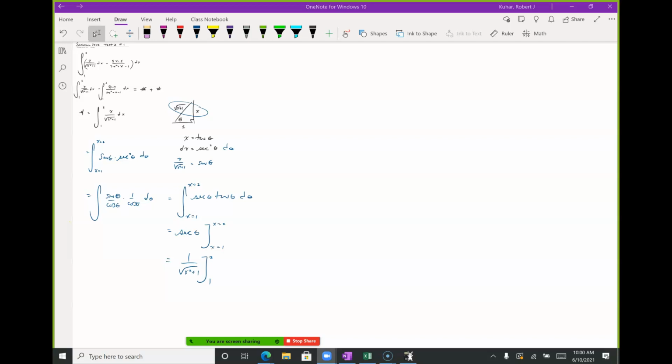Anyone okay? Now, I don't want to evaluate this yet. I want to do the other integral, piece them together, and then evaluate everything. The reason is that most likely I'm not going to ask you for the area. I'm going to ask you for an expression that gives the area.